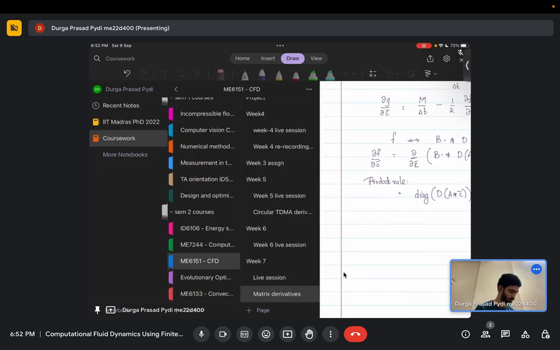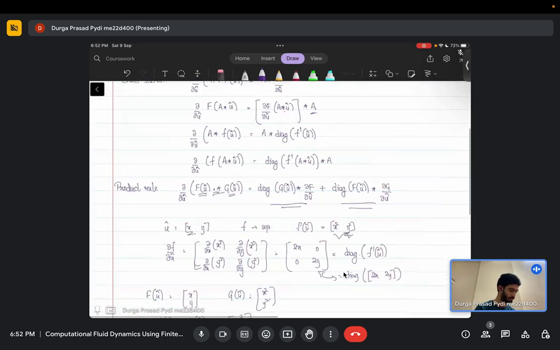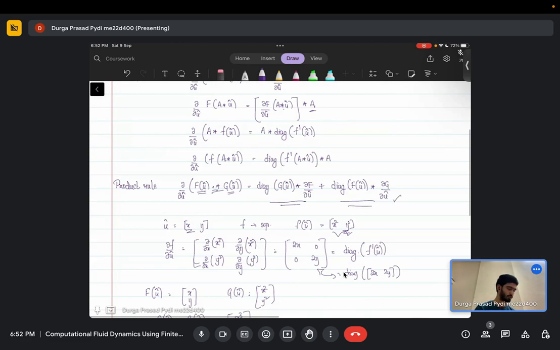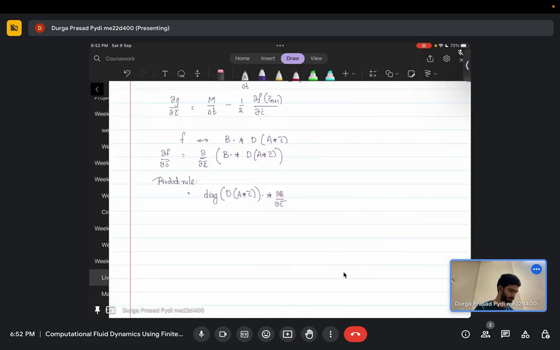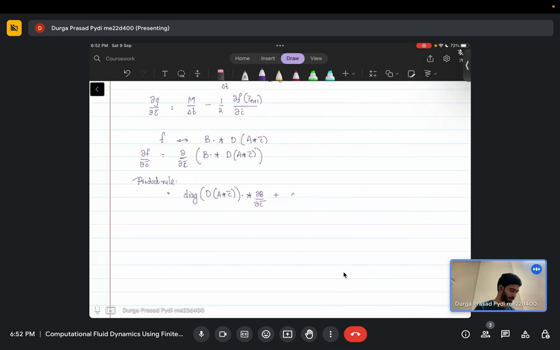Just to show you, we will be using this particular form, the product rule. We have some function of u hat times another one, so it will essentially be split into two parts. That's the same expression I am using now, plus you have diagonal of B times del C of d of A times C bar.